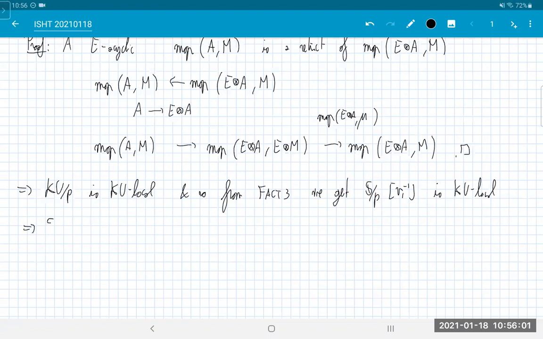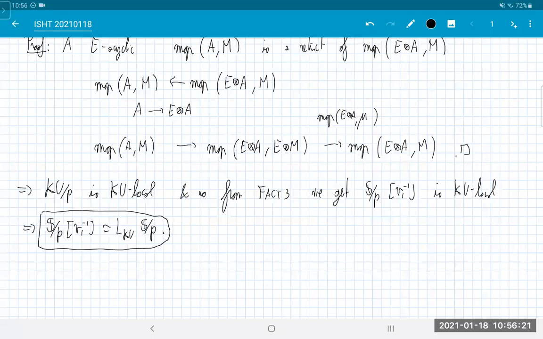Therefore, S mod P with V1 inverted is the KU localization of S mod P. And that's the important fact.